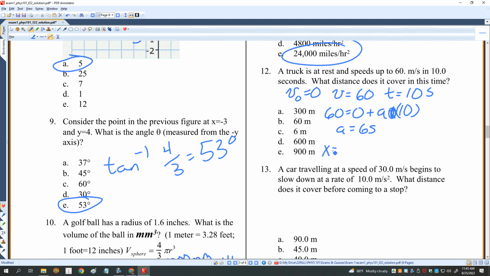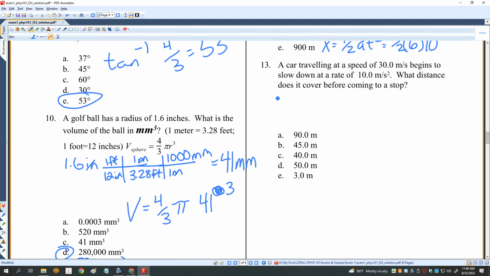And now I want to know the distance. That's going to be v naught, which is 0, plus 1/2 a t squared, which is 1/2 of 6 meters per second squared, that's the acceleration, times 10 squared. That's 3 times 100, or 300 meters.